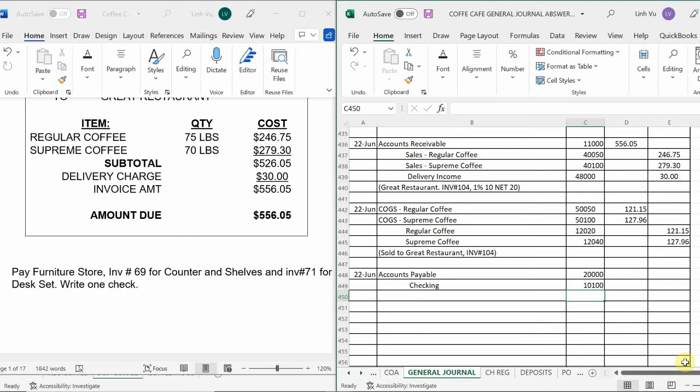If you go to purchase orders, the amounts are in there, plus any invoices, just to look at it.